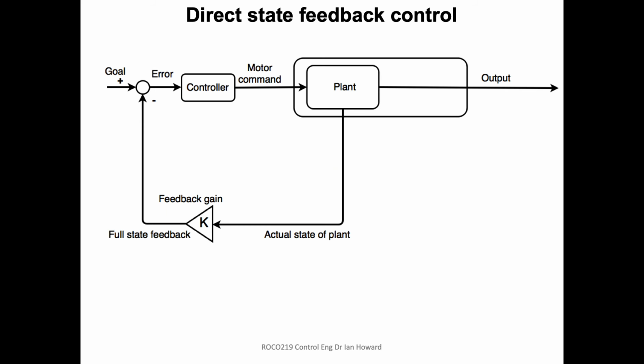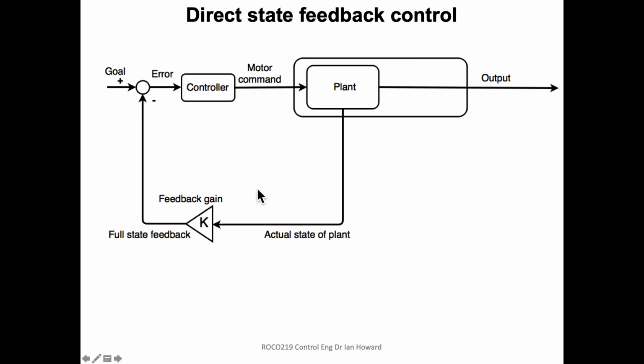Okay, so now it's asking us to look into what the observer does in terms of how it all works. Let's go through an observer from first principles a bit here.